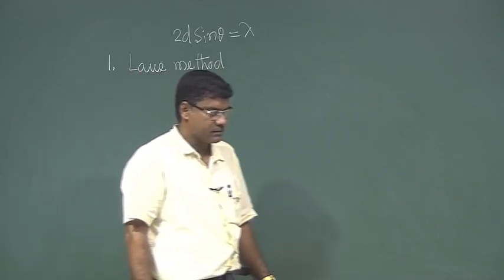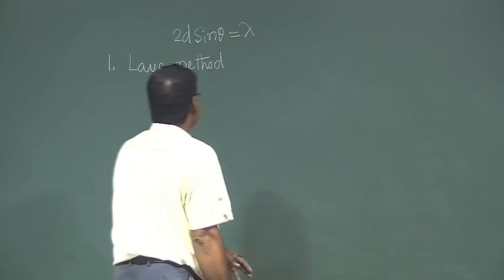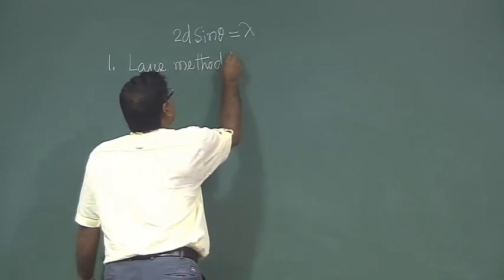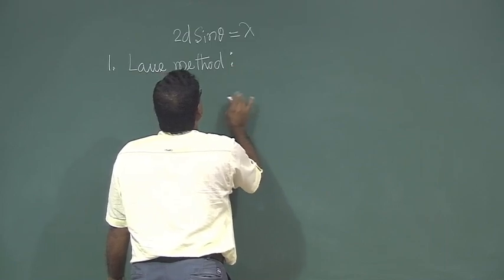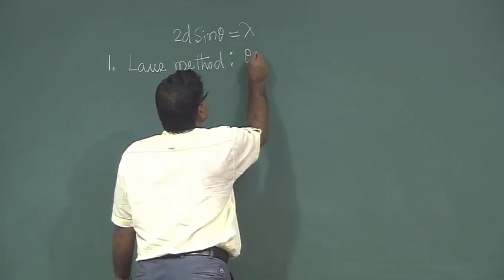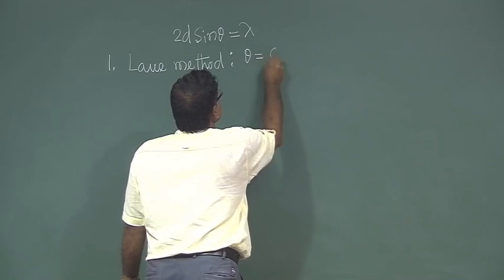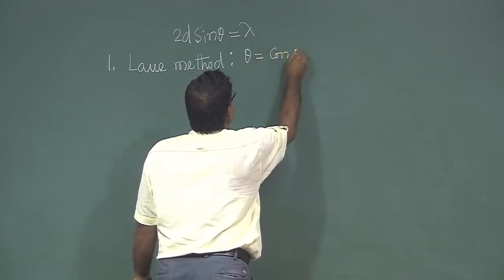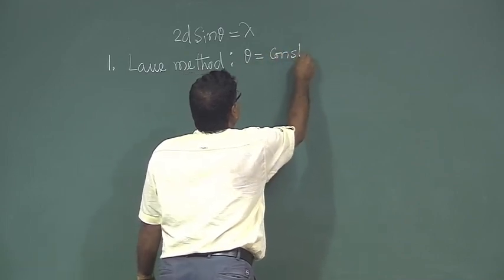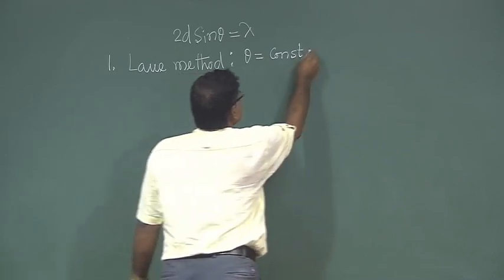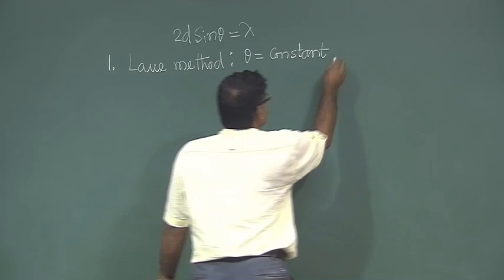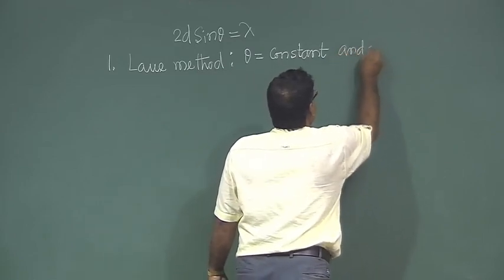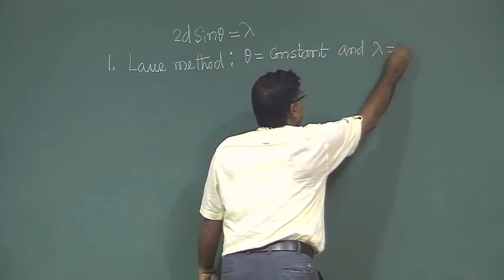In this Laue method, theta is constant and lambda is variable.